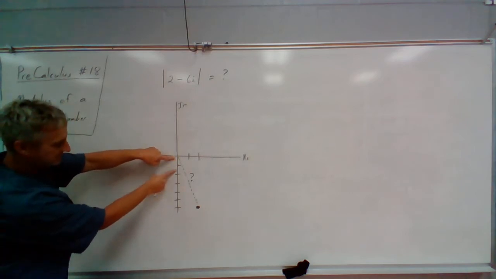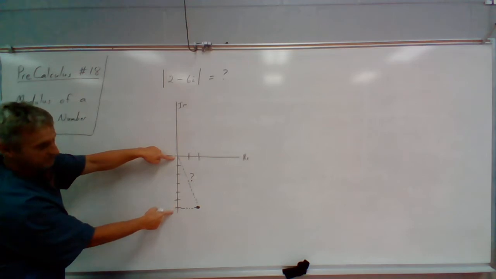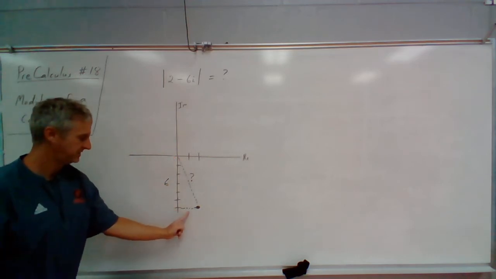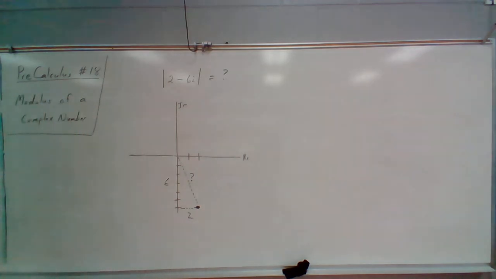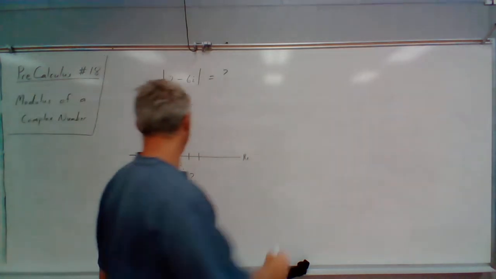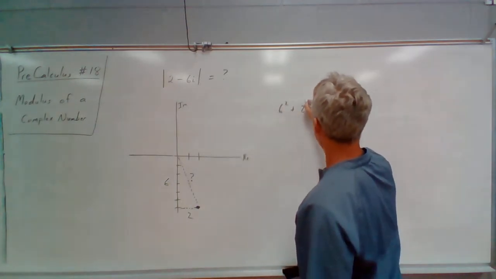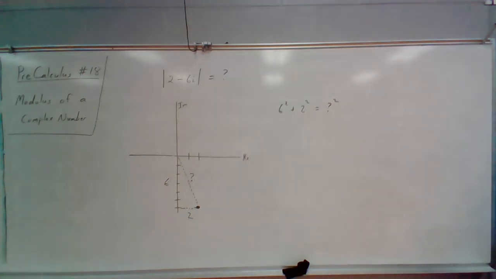And how long is this side of the right triangle? Well, this side is 6 units long. This side is 2 units long. So we have a right triangle. We can apply the Pythagorean theorem, which says that 6 squared plus 2 squared is equal to question mark squared.